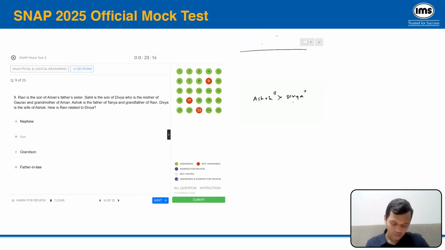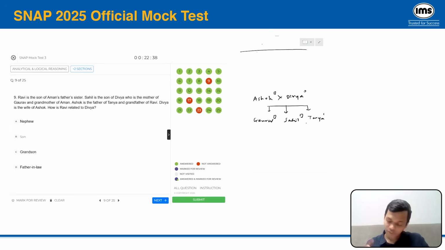Okay, now they're saying Sahil is the son of Divya, who is the mother of Gaurav. So they also have another son, Gaurav. Sahil is the son of Divya, who is the mother of Gaurav and grandmother of Aman. Ashok is father of Tanya. So they have one more kid that's going to be this. So this is how the tree is looking like.